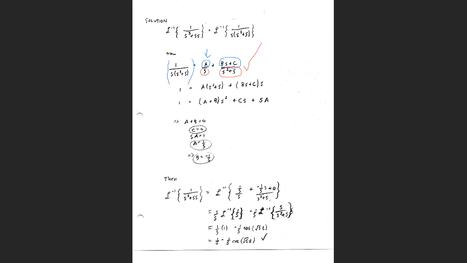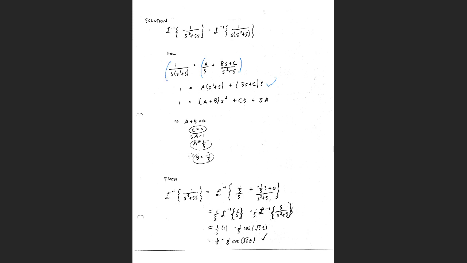Now, there are several methods for partial fractions, but generally what I like to do is multiply both sides. How am I arriving at this equation here?